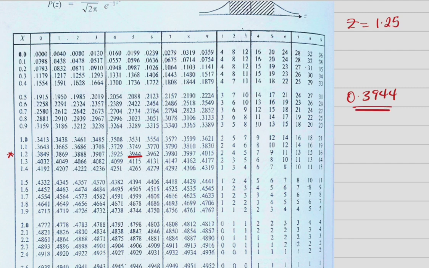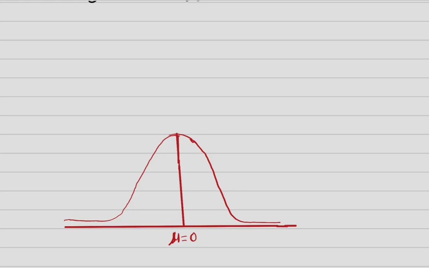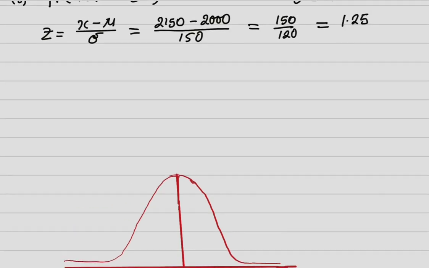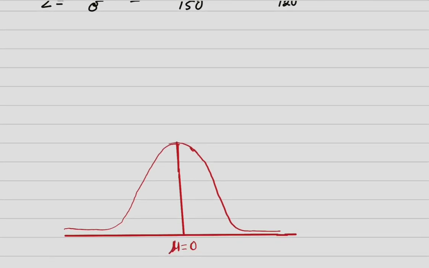So let me go to the curve and teach you how to actually analyze this. Now this is the curve. The 1.25 we got is here. Let this be my standardized curve, Z equals 1.25.